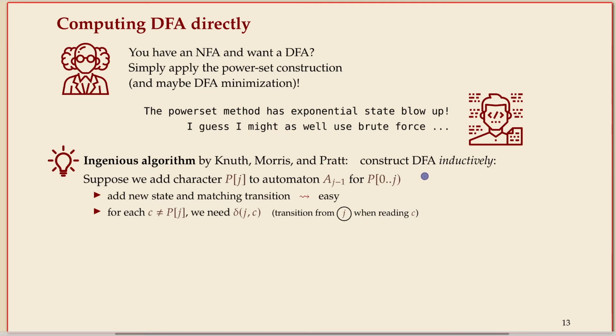And you can construct the DFA by adding one state at a time and avoid this blowup. And so what you construct is first an automaton for the pattern up to the first j characters. And then you add the jth character at the end and see what that does to the automaton.